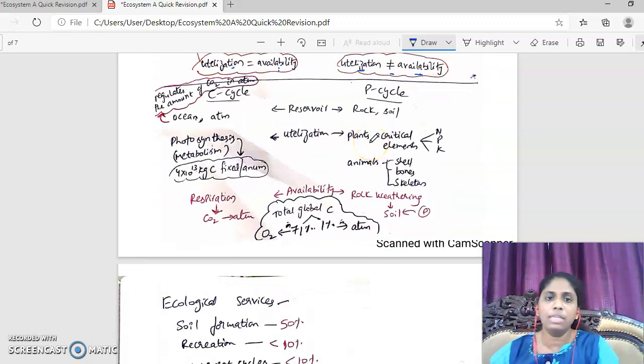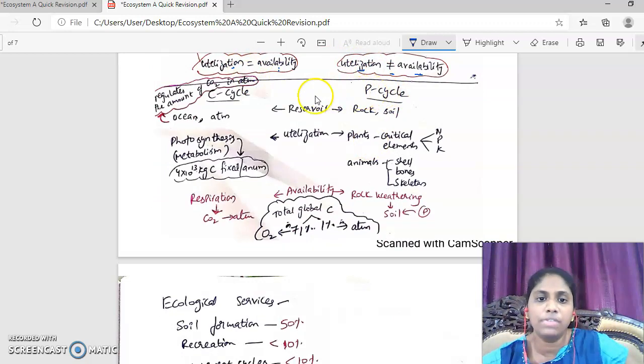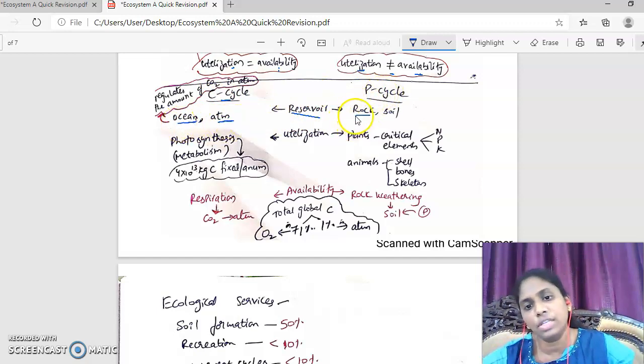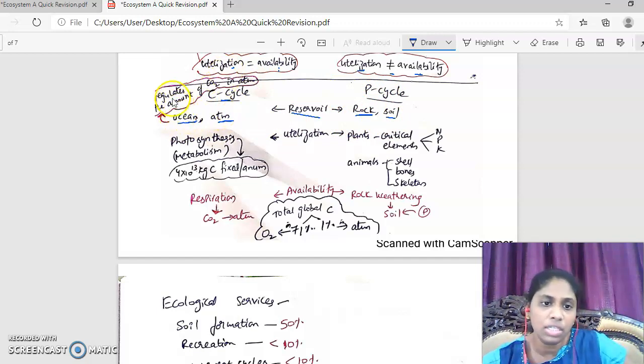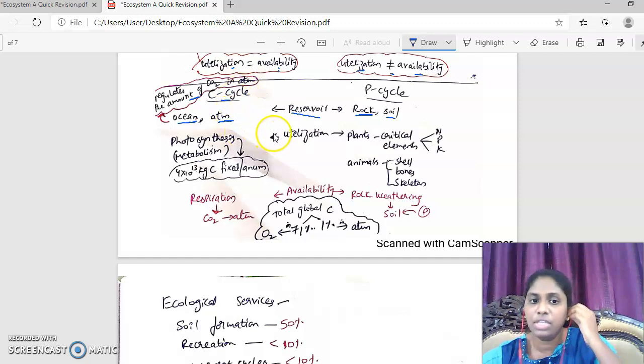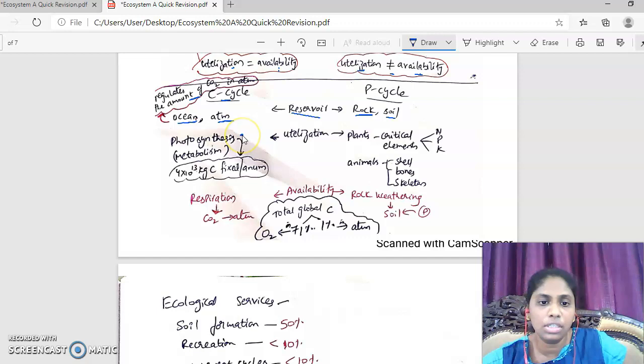Let's quickly talk about the carbon and the phosphorus cycles. The reservoir for carbon in the carbon cycle is the ocean, also the atmosphere, while for phosphorus it is rock and soil. A very important NCERT point: oceans regulate the amount of CO2 in the atmosphere. Now utilization: plants utilize CO2 through photosynthesis, and in this way plants are able to fix 4 into 10 power 13 kilograms of carbon per annum.